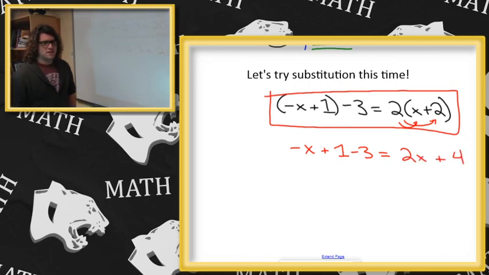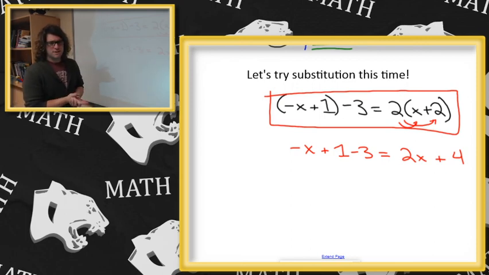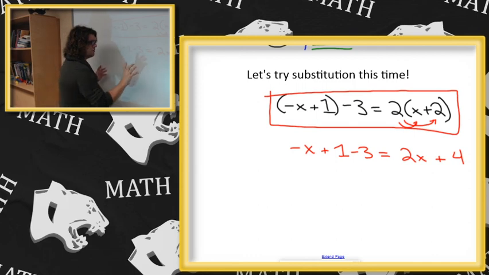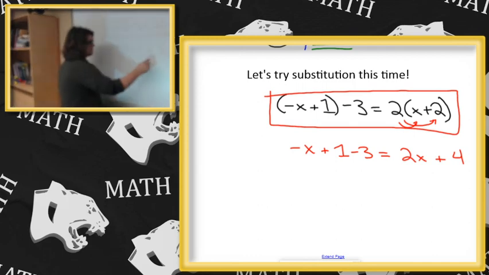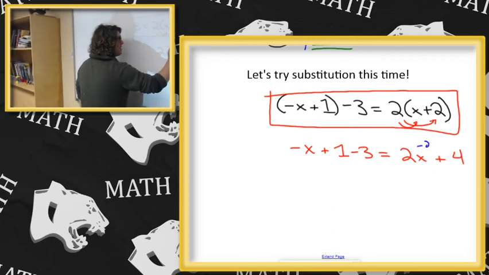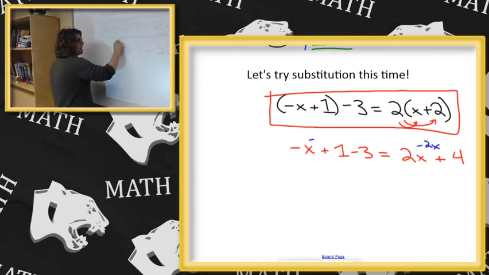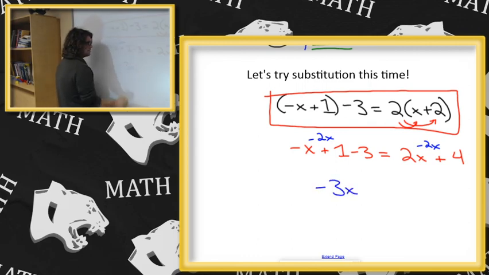And now the goal is going to be to solve this for x. So I'm going to move all my x's over to my left-hand side. It's going to make them negative, but I'm not too worried about that. I'll subtract 2x from my right, which means I'm going to subtract 2x from my left. I'm going to be left with negative 3x. Right now, if I put these two things together, it would be negative 2.